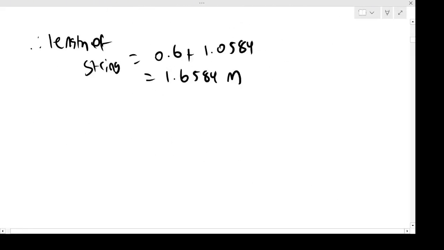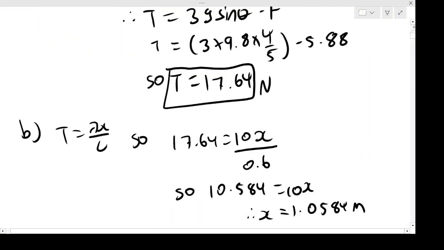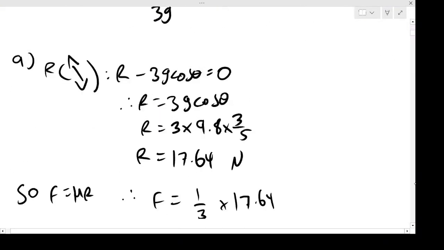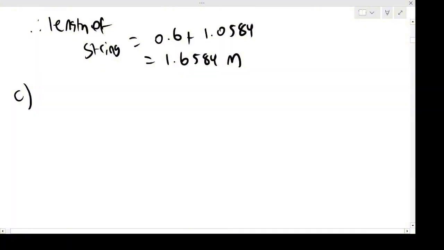Cool. And then we've got this final part here. We're told if mu is greater than a third, without doing any further calculation, state how your answer to part aii would change. So how would the length of the string change if the coefficient of friction is bigger? There are two ways you can think of this. You can think of it mathematically.